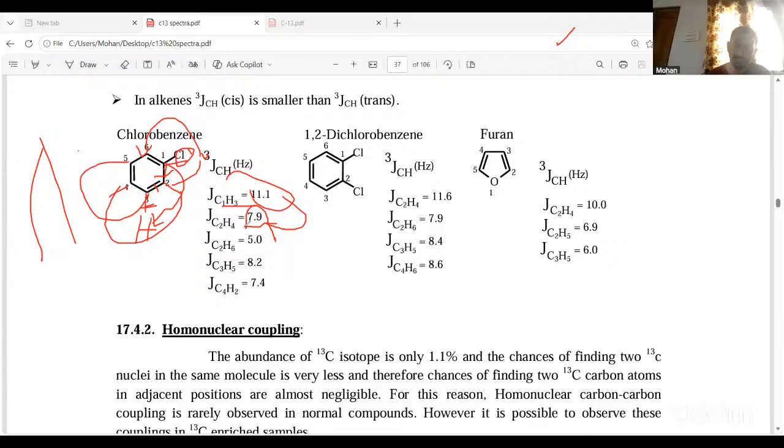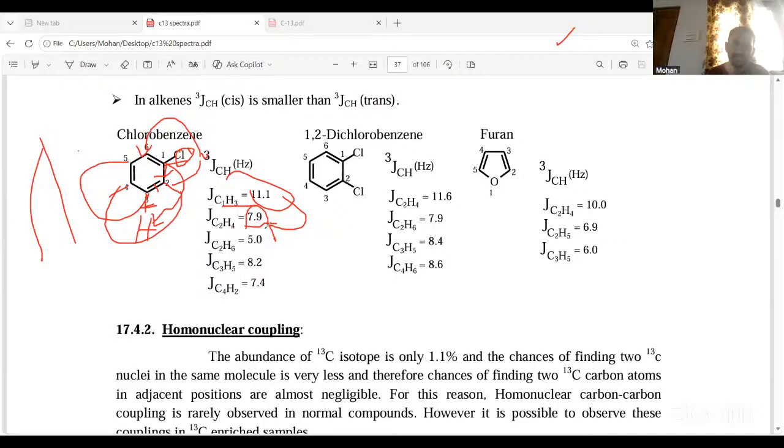So as we discussed above, the attachment of an electronegative atom leads to an increase in the J values. As per that statement, you can see this change in the values.